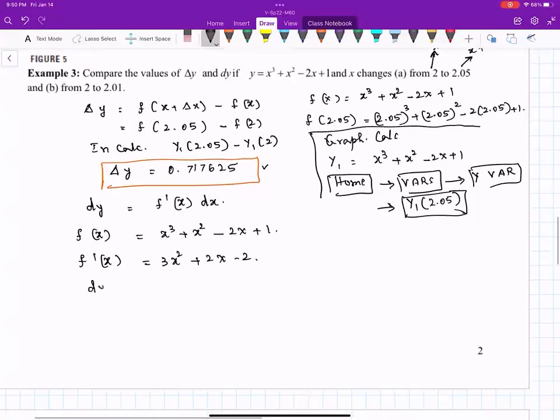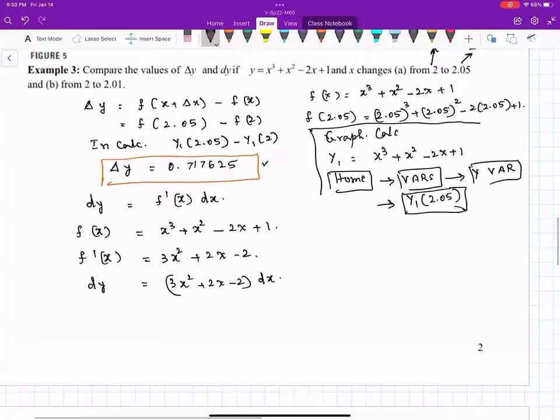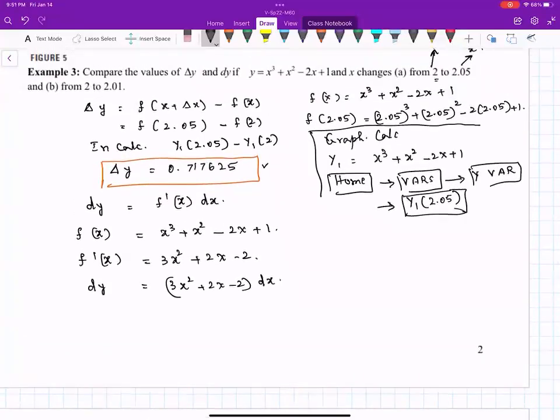Now we want to do dy, which is equal to f prime x, 3x squared plus 2x minus 2, times dx. We want to calculate that at the point where x equals 2.